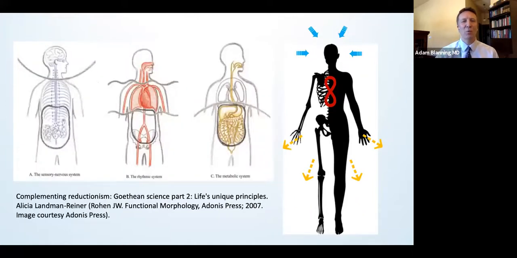Now here we have an illustration from the textbook Functional Morphology by Johannes Rohen. Although they are most strongly expressed in different parts of the body, these processes overlap a great deal because, of course, we have neural tissue running all through our body. We have circulatory blood vessels.